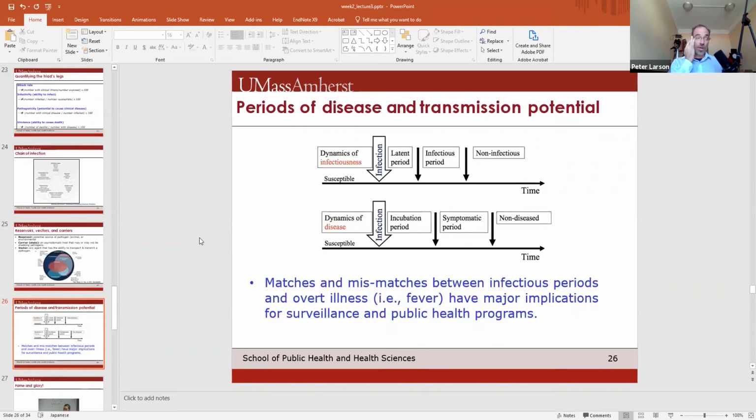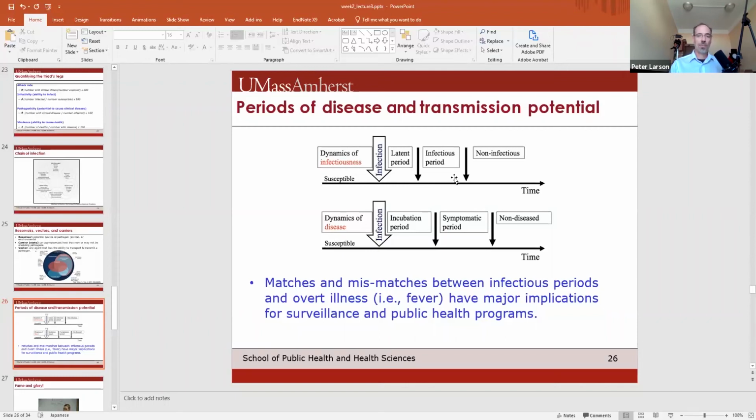So this is very important. Some of you might have seen this before. Periods of disease and transmission potential. People start out as being susceptible. They become infected at some point. And there's what we call a latency period, where they have been infected, but they don't show symptoms and they're not able to transmit yet.